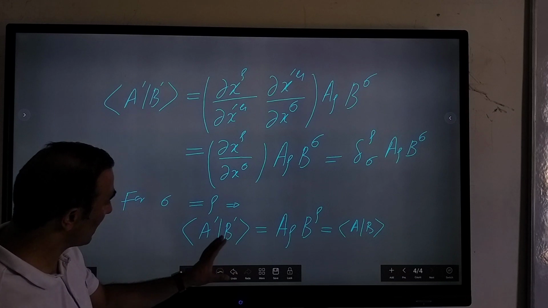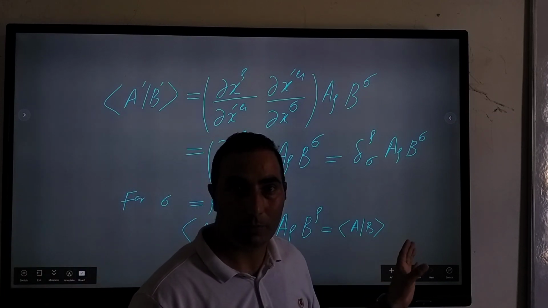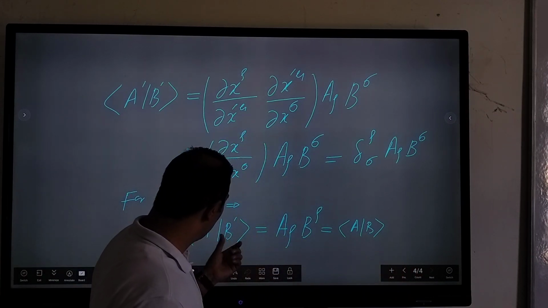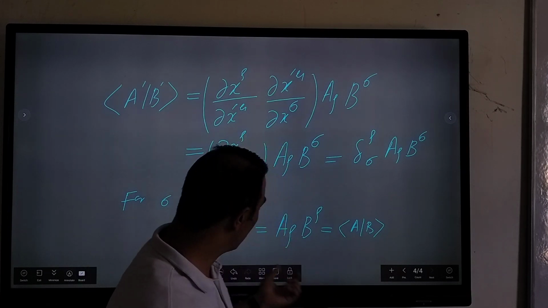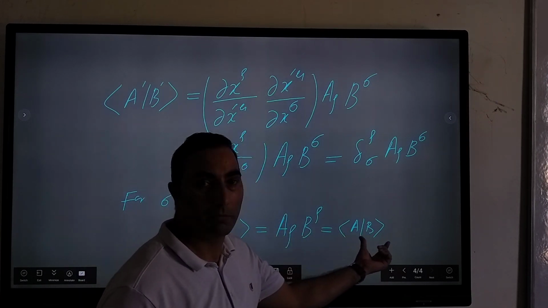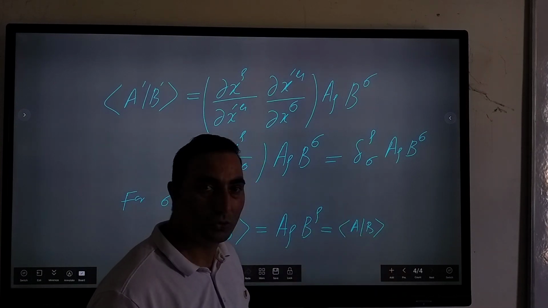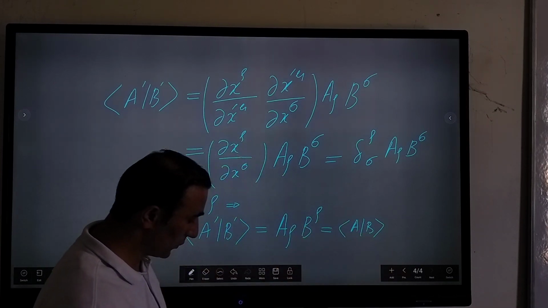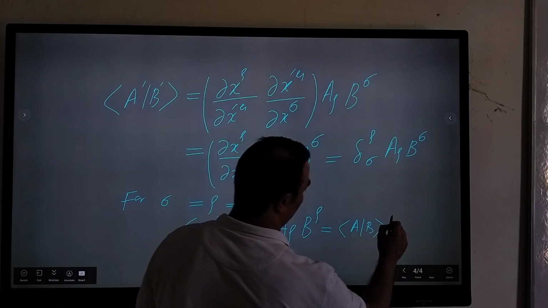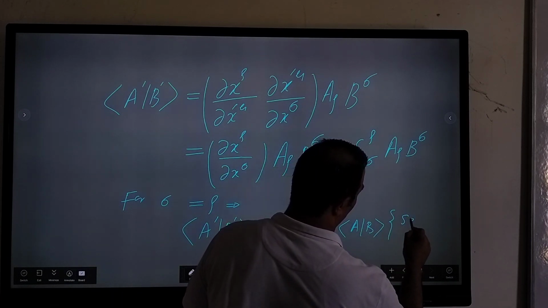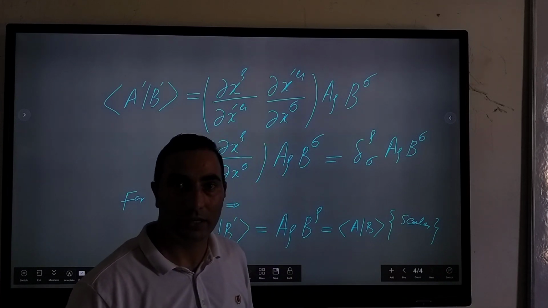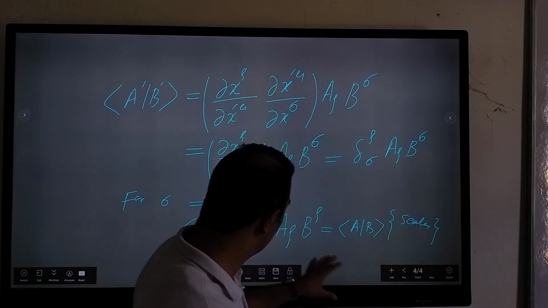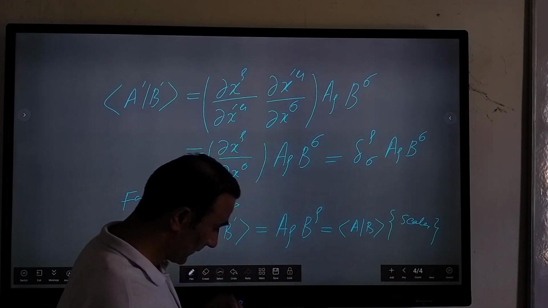Okay. So that means this. So what basically did we prove here? We have proved that this dot product remains invariant, right? Because our A dot B prime equal to A dot B, because it's summed over index rho, right? So that means this dot product I can say is a scalar. I can say that it remains invariant if you go from one frame to another, because it's clear from here, right?